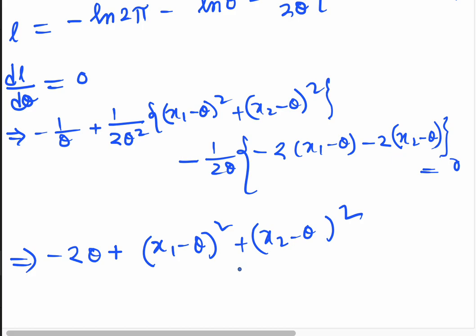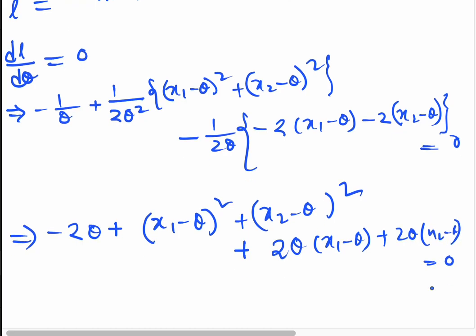Here we'll get plus 2 theta x1 minus theta plus 2 theta x2 minus theta equal to 0.